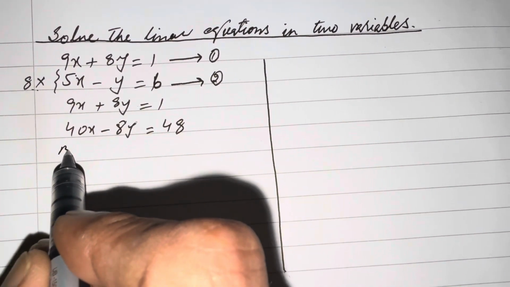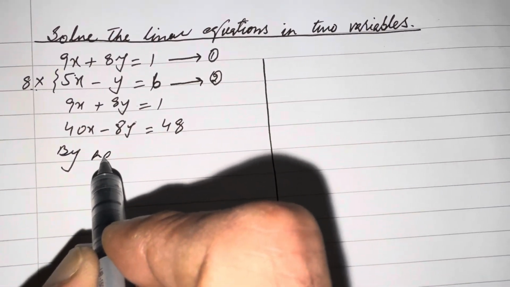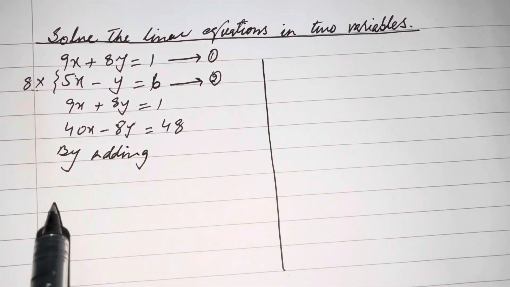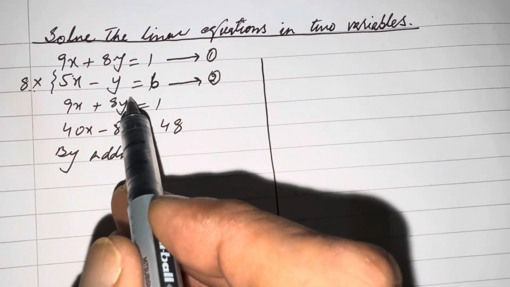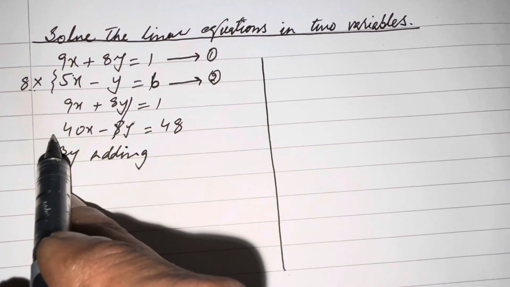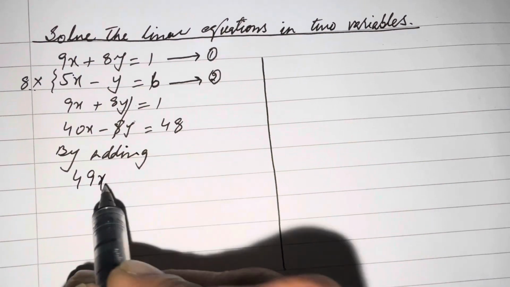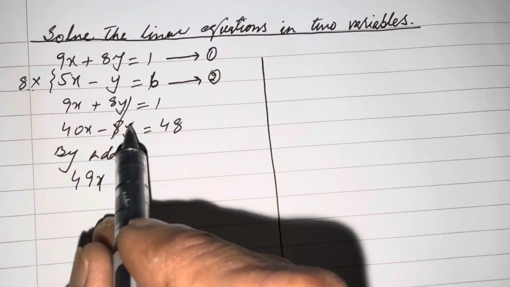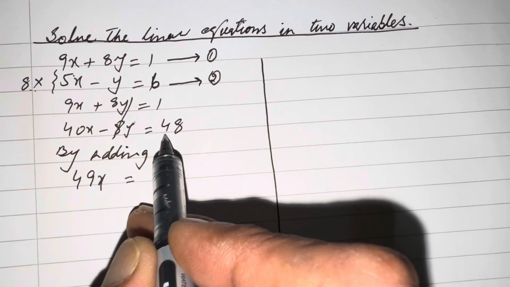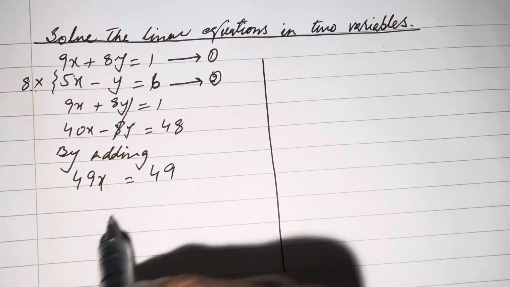So by adding, 8y will be cancelled with 8y, and then 9x will be added with 40x, that will become 49x, and then is equals to 1 will be added with 48, that will become 49.